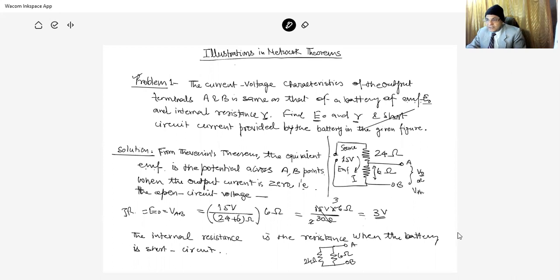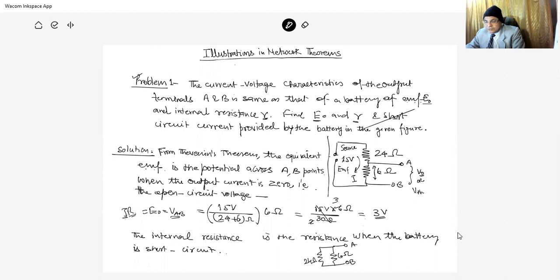The equivalent EMF is the potential developed across AB when the output current is 0. That is open circuit. In the open circuit, the current is 0. So this E0 is equal to VAB, and this VAB is nothing but current into resistance.